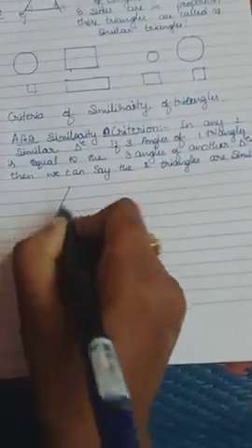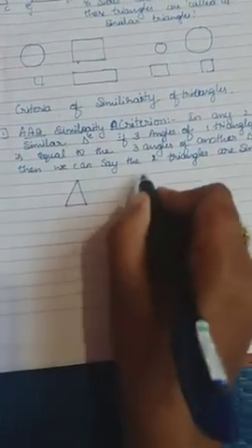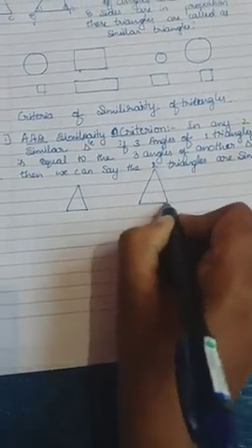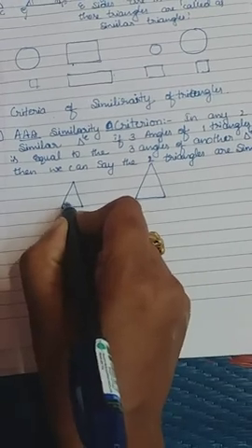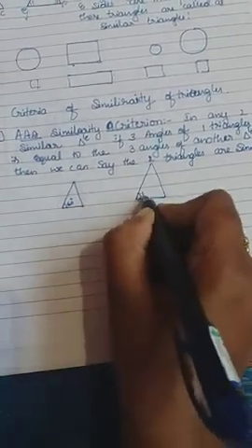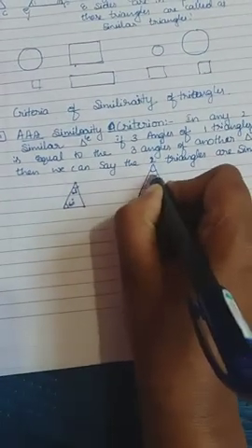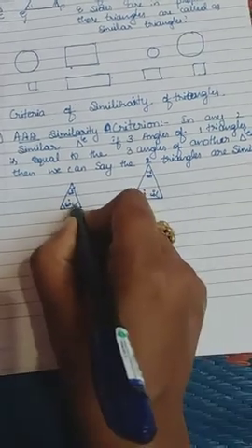If we take a small example, here all three angles of one triangle and this is also one triangle. If all three angles are equal, if this is 60 degrees, this is also 60 degrees, and this is 60 degrees, this is also 60 degrees.